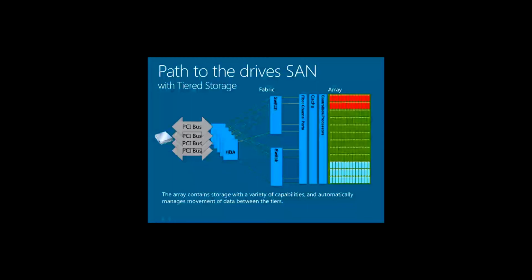The green would be a mid-range drive, which might be 15K RPM drives, possibly 10K, and the blue drives would be large capacity spindles for cold storage, so storing data that needs to be kept online but isn't necessarily accessed that frequently or with such stringent performance requirements. So possibly even SATA drives, something that is economical to store large volumes of data.